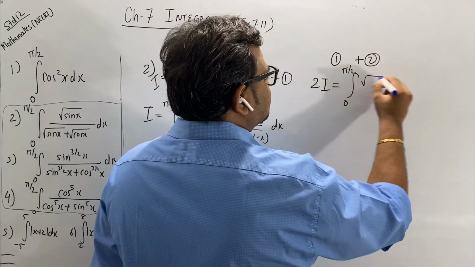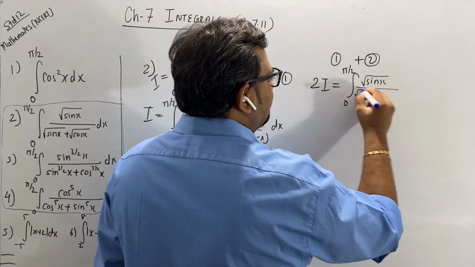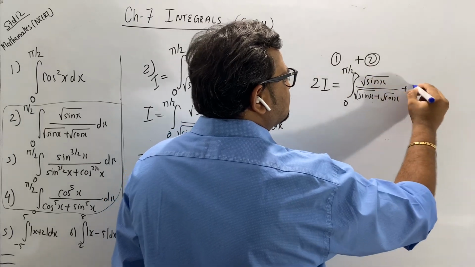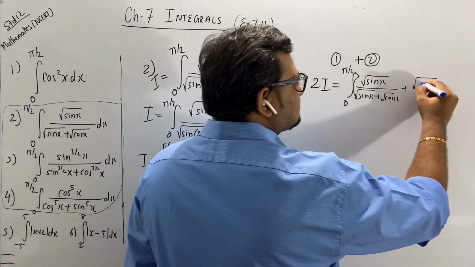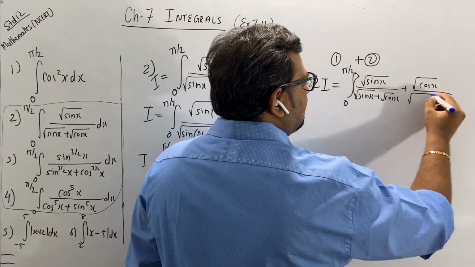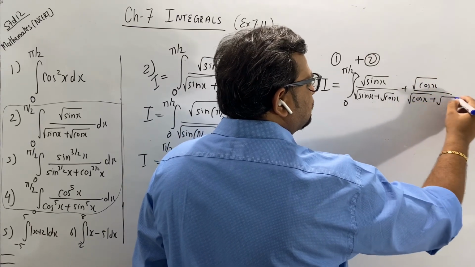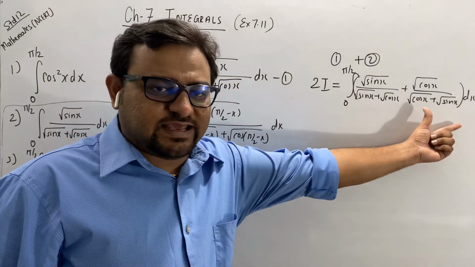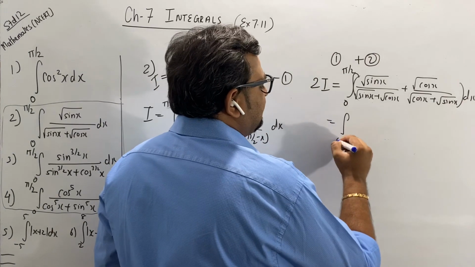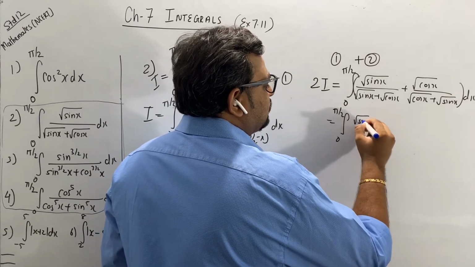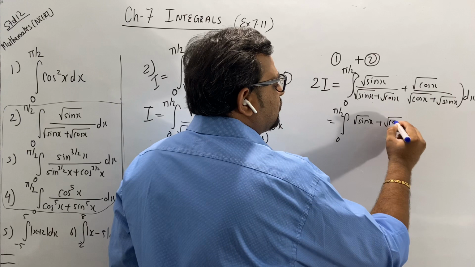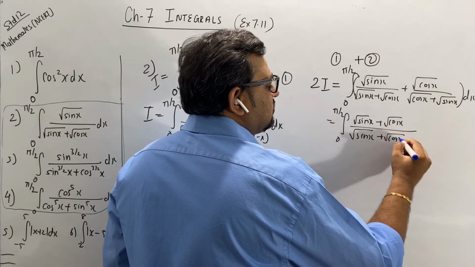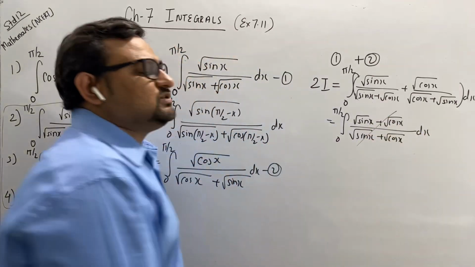Root sin x upon root sin x plus root cos x, plus root cos x upon root cos x plus root sin x. So the denominator is the same, so just add the numerator: root sin x plus root cos x upon root sin x plus root cos x dx, that is 1.